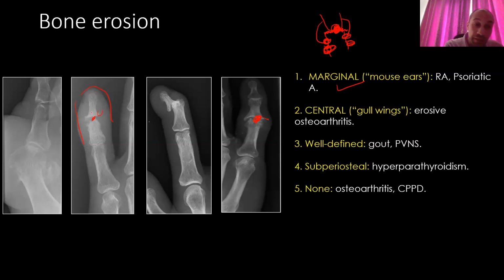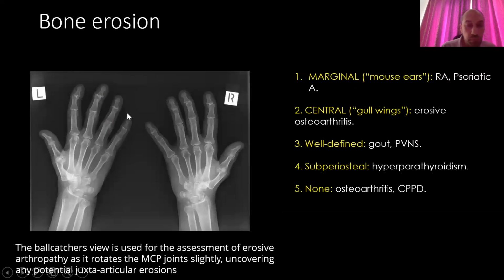There is whiskering and hypertrophy in the margin. This is with psoriatic arthritis, and this is a normal one. So we can see clearly here the distal joint, and you can see that there is central erosion, and this is the gull wing sign.